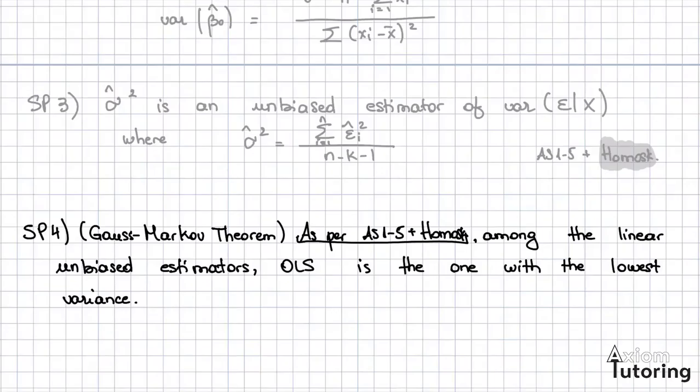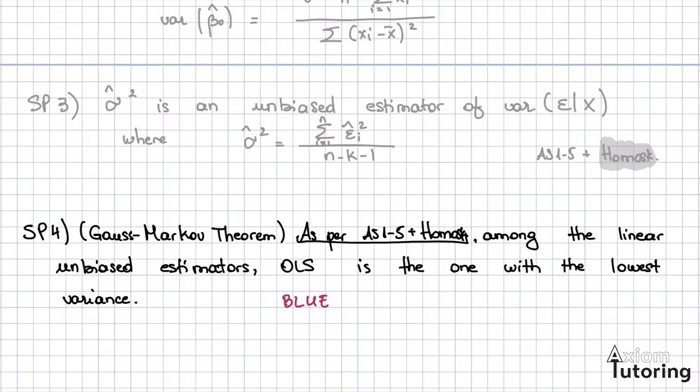Because under homoscedasticity, we can say that among the linear unbiased estimators, OLS is the one with the lowest variance. Most of you might have heard your class teacher or lecturer say that OLS is the BLUE estimator with the lowest variance.